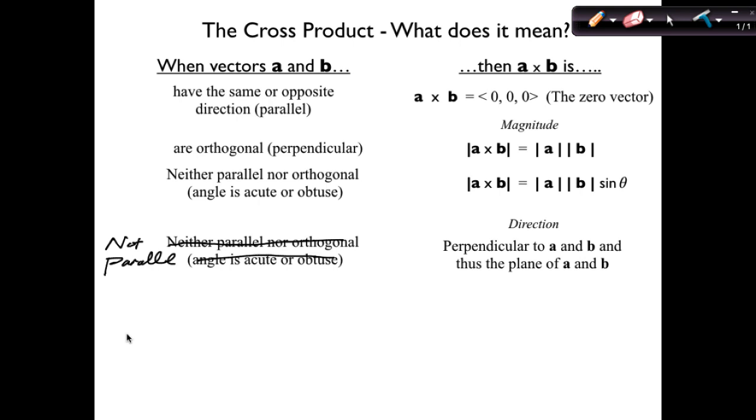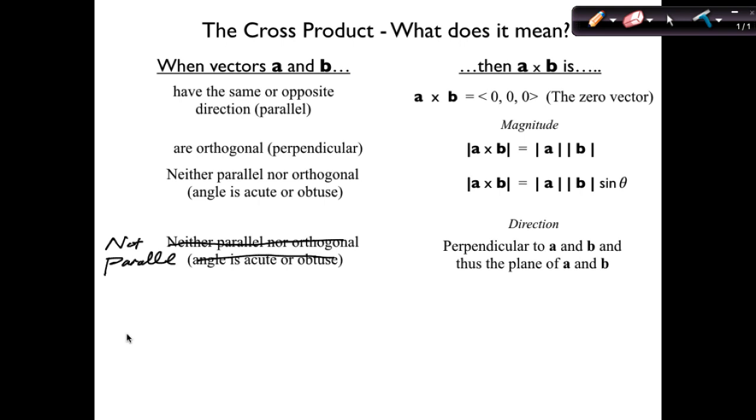Yeah, there's two, right? There's this too, the opposite direction to the first one I had. So the question is, which way does the cross product point? If this was the plane of A and B, would it point this way or this way? That we'll talk about in a second.